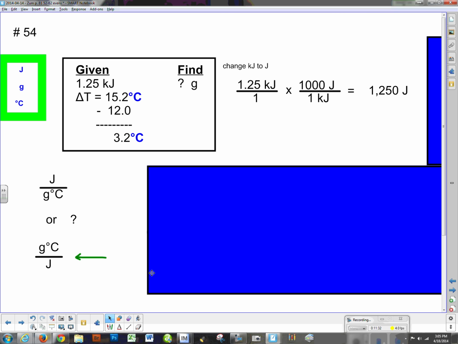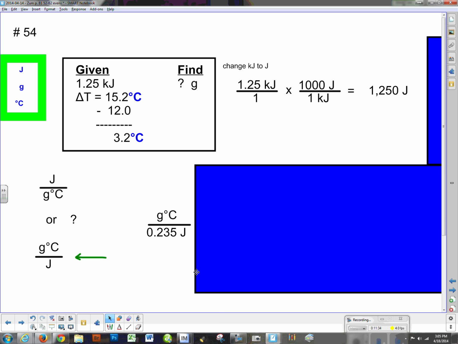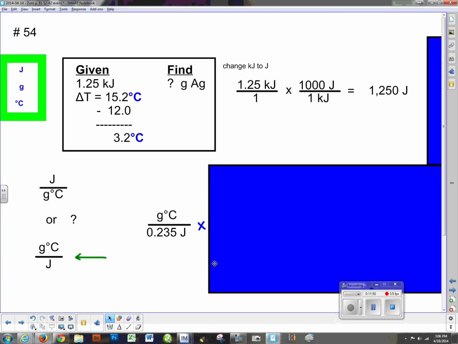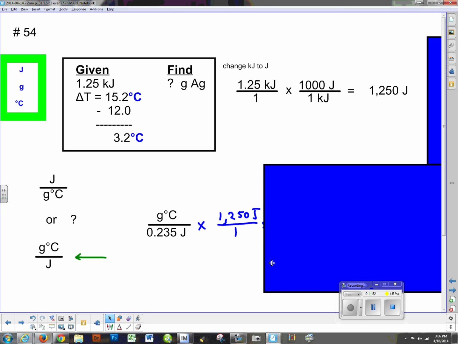So let's go on and we show our first fraction. And when we look this up in a table, what was the substance? Was this silver? So this is silver, and I just put that in there. And now, why do we put the joules on top?